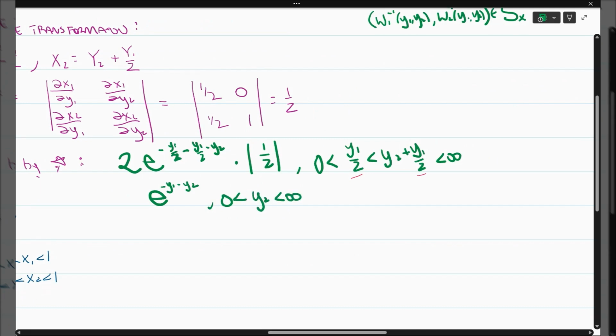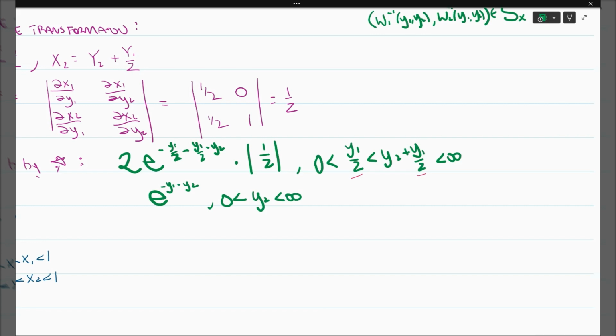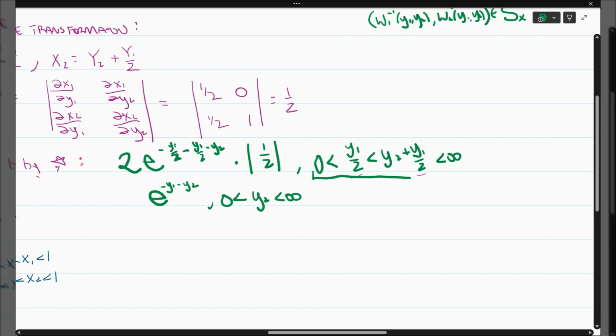Okay. And then on the flip side, we can also say that this inequality can be extended on the left by saying negative infinity less than 0 less than y1 over 2 less than y2 plus y1 over 2 less than infinity.